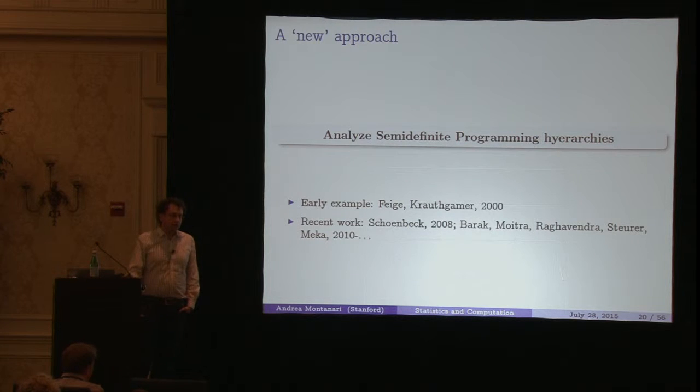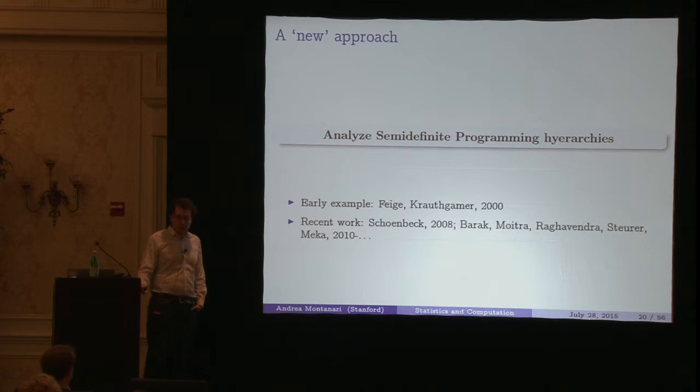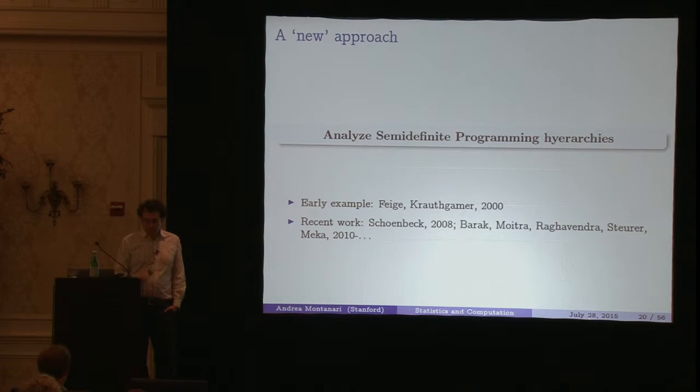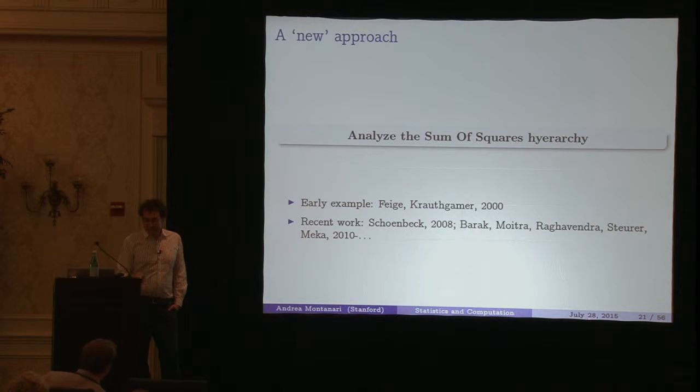This was used in theoretical computer science since work by Uri Feige and Robert Krauthgamer in the early 2000s, but picked up in recent years due to the work of a lot of people in theoretical CS. Very beautiful work. And there is one semi-definite programming hierarchy that is the golden standard, and this is the sum of squares hierarchy.